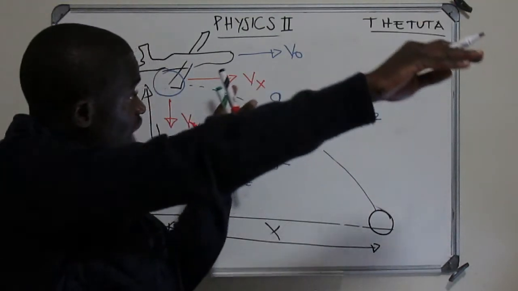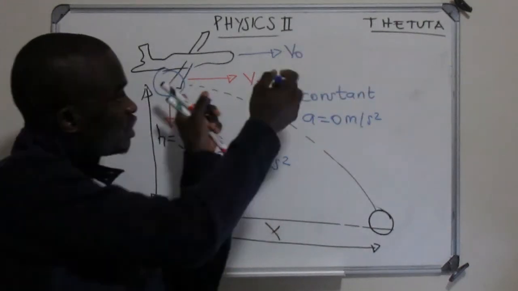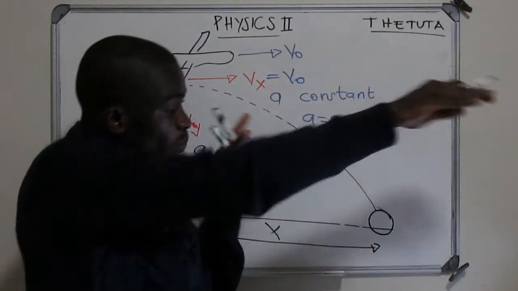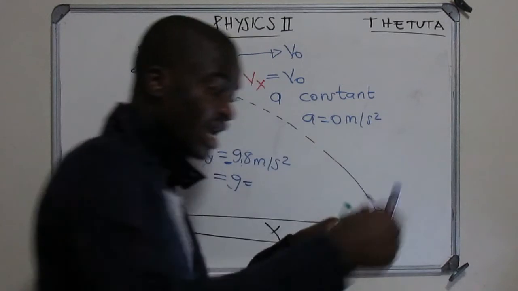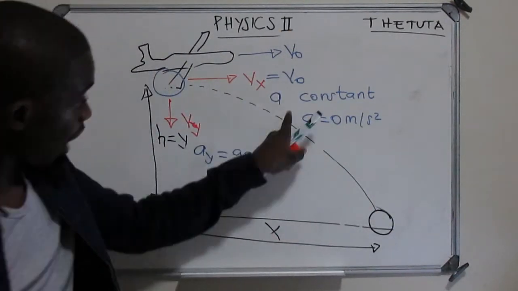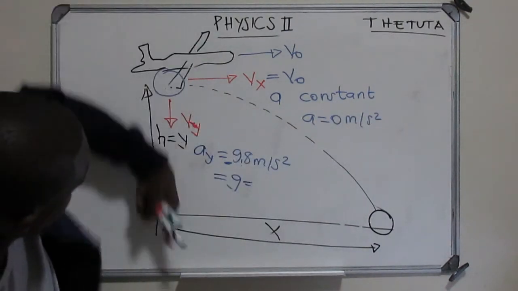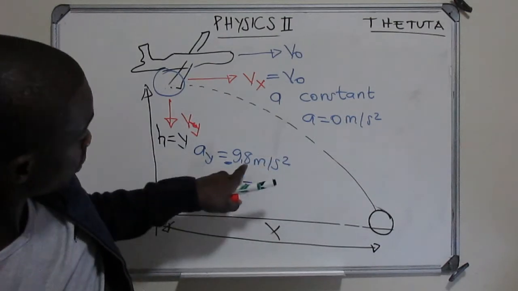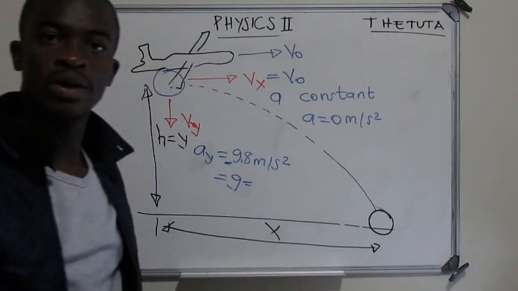Why? Because our velocity in x will remain constant from the initial, which means the final x velocity is going to be equal to the initial, because when you drop it, there is no acceleration in x. The acceleration is only applying in y. And automatically our acceleration in x will be constant, therefore it's going to be equal to 0. But in y, we're going to have an acceleration equal to the gravity acceleration, 9.8, but we put in a negative because it's going down.